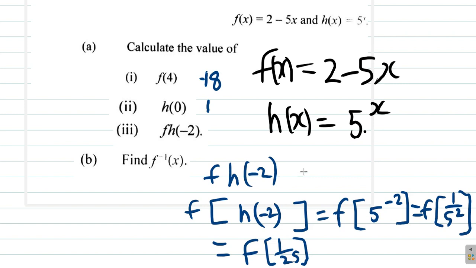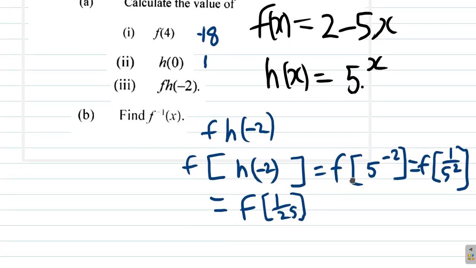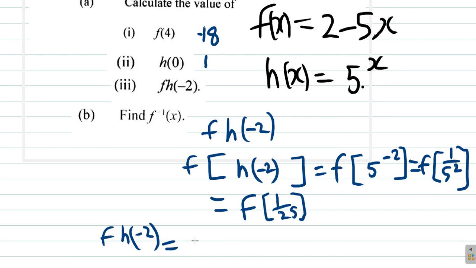So h of negative 2 is really 1 over 25. Now, you're going to put 1 over 25 into f. So, fh of negative 2 will therefore become f of 1 over 25.